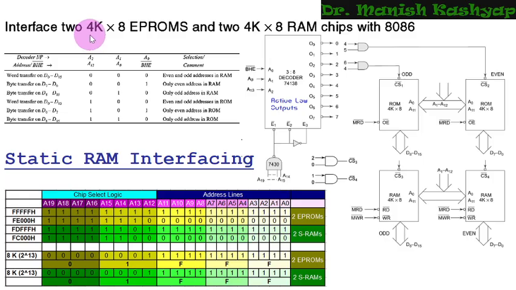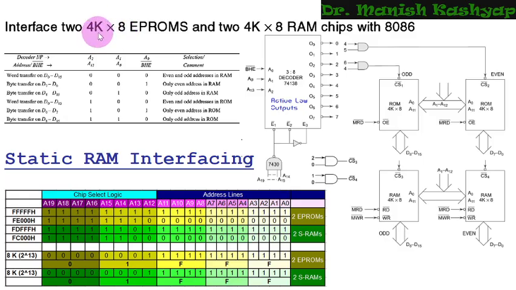So 2 raised to the power of 3 into 2 raised to the power of 10 will become 2 raised to the power of 13. So 8K locations will require 13 address pins or 13 address lines. So the lower order 13 address lines will be used to address these 2 EPROMs of size 4K cross 8 each, right?